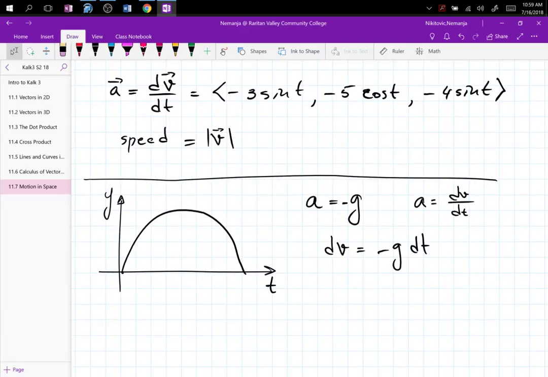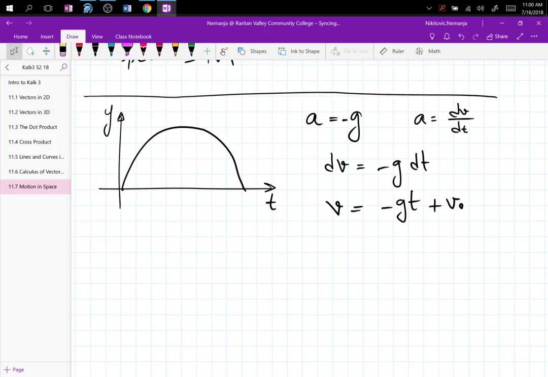And when you integrate both sides, you get that the velocity is equal to negative gt plus some initial velocity. That's plus c in the integral, but then we call that initial velocity. You have seen this formula in your physics class as maybe velocity final is equal to velocity initial plus acceleration times time. Now we put negative g for acceleration because it's a free fall.